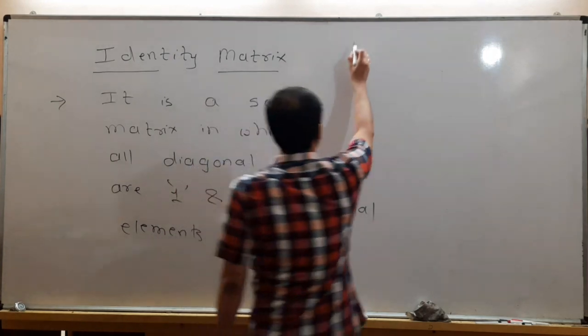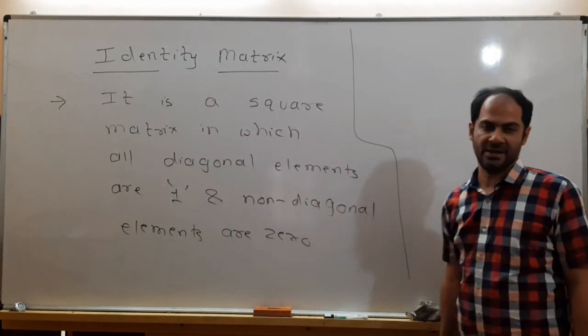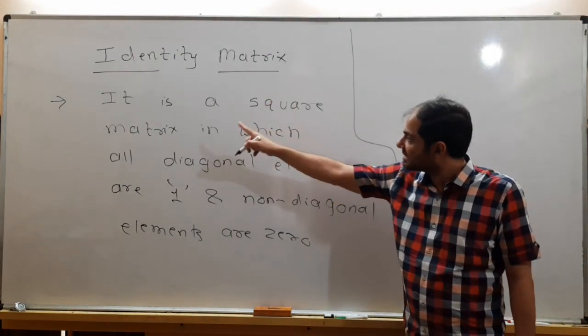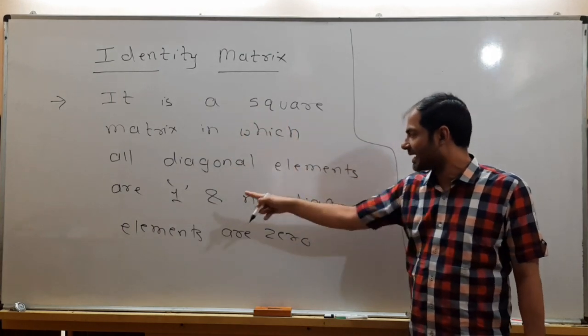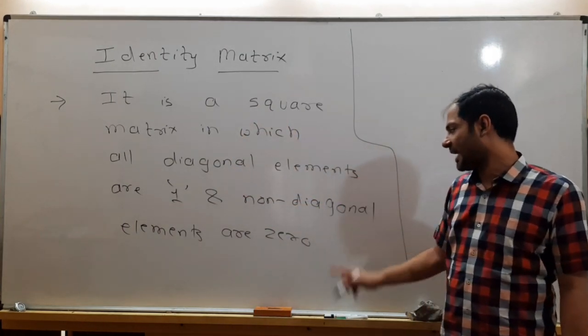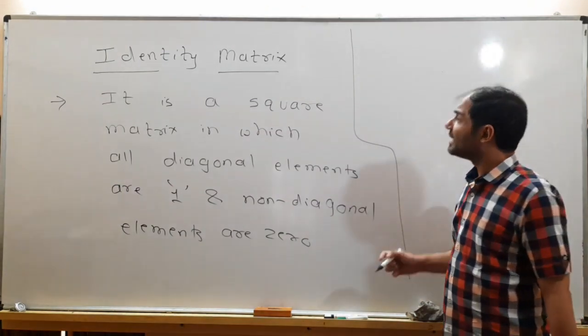So what is identity matrix? Identity matrix is a square matrix in which all diagonal elements are 1 and non-diagonal elements are 0.